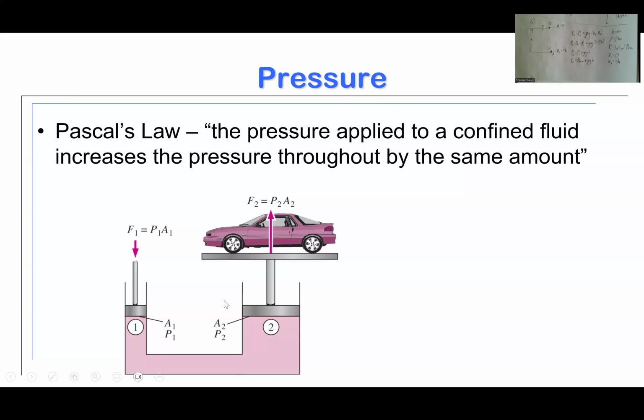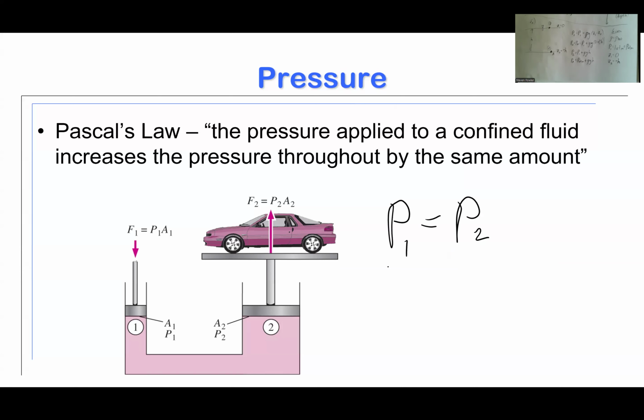If I apply that to a fluid confined in a space, that's going to cause an increase in pressure here at point 1, and it's going to cause the same increase in the pressure throughout that fluid, and it's going to end up manifesting over here at point 2. If 1 and 2 are at the same height, so I don't have a pressure change between the two, then the pressure at point 1 is the pressure at point 2. So P1 is equal to P2.